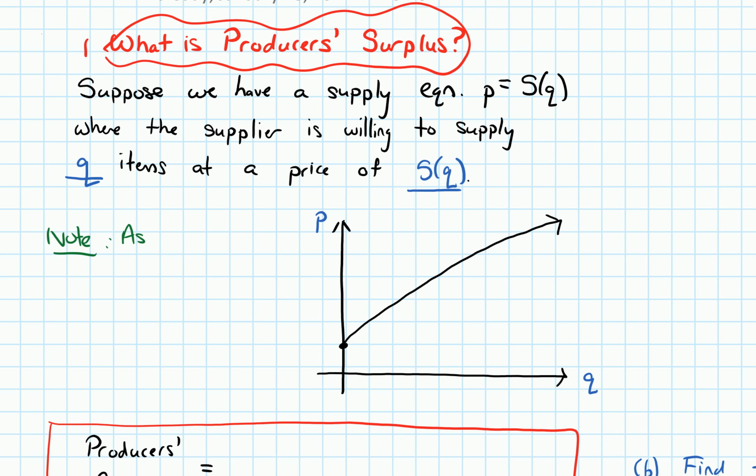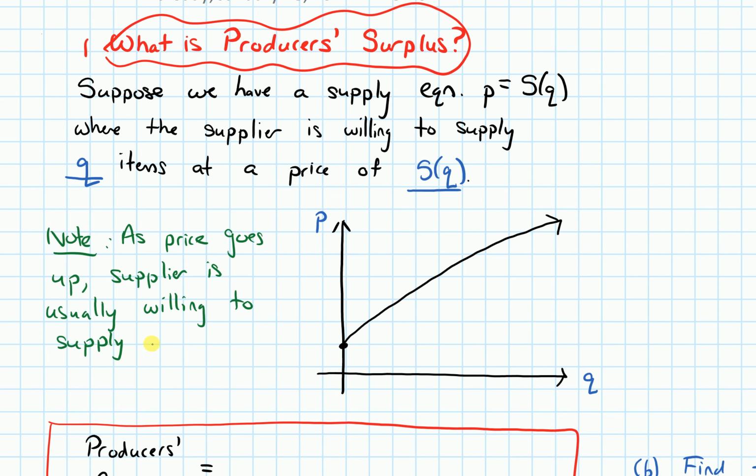With supply curves, as the price goes up, the supplier is usually willing to supply more, to increase the quantity Q they're supplying. Because the higher the price, the supplier is typically like, oh, let me get in on that.